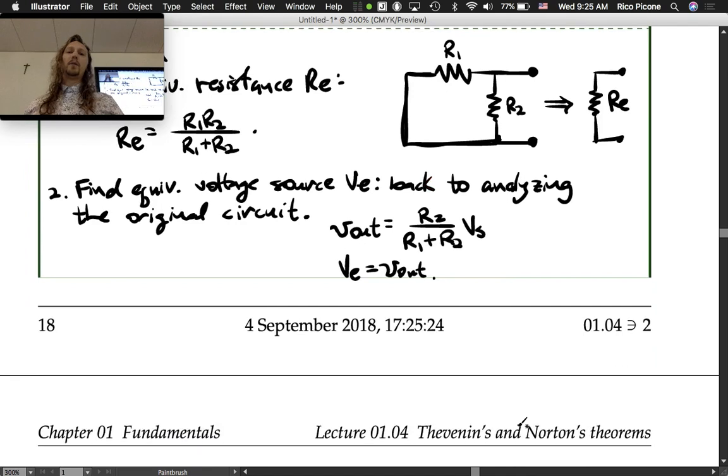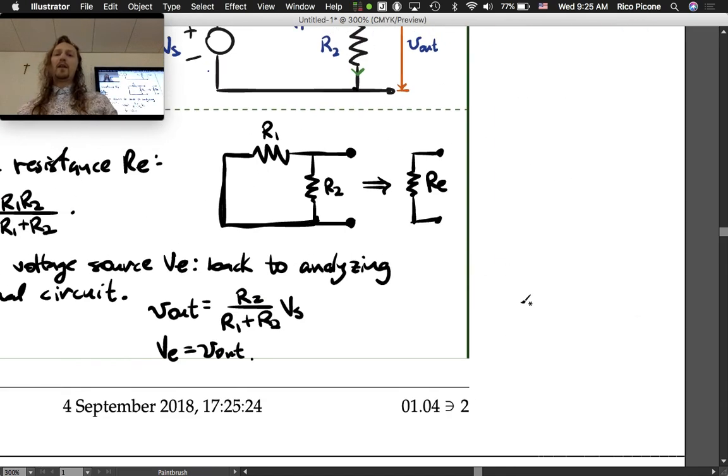We can redraw it if we want. We could redraw our plus minus VE and RE.